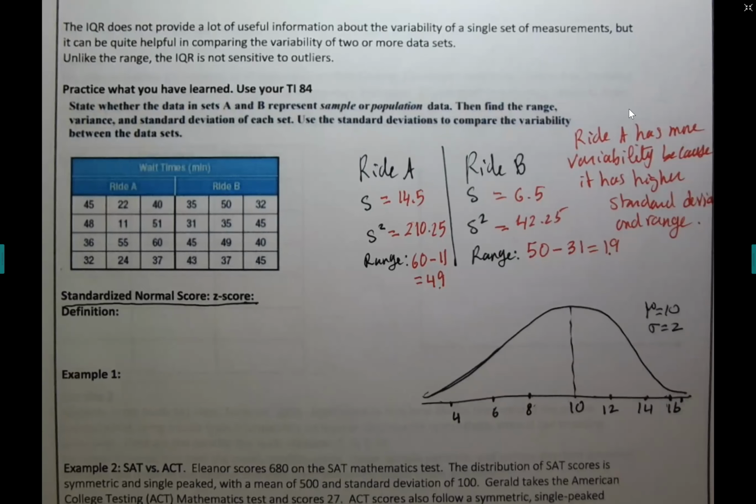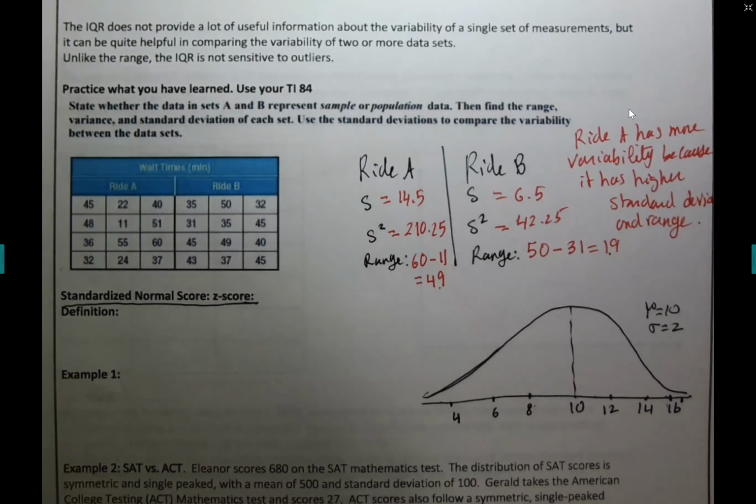The z-score should always be between -3 and 3. But it does happen that you will have some extreme values that go beyond that. But normally, usually, the z-score should be confined between -3 and 3 and should not exceed that.